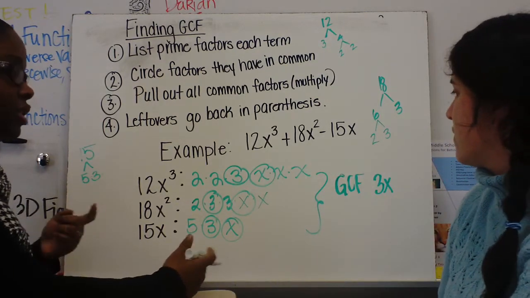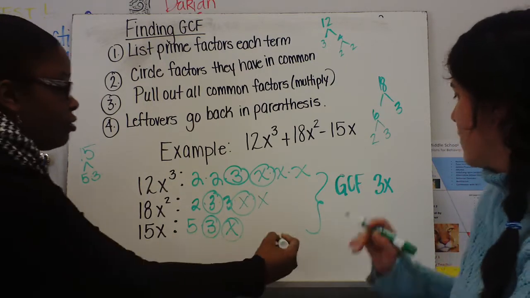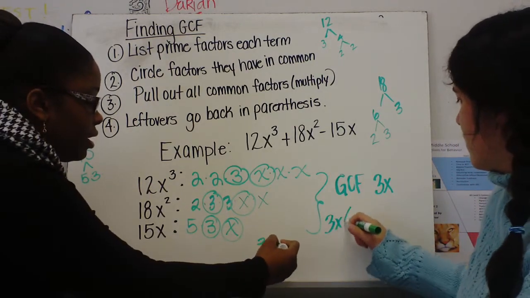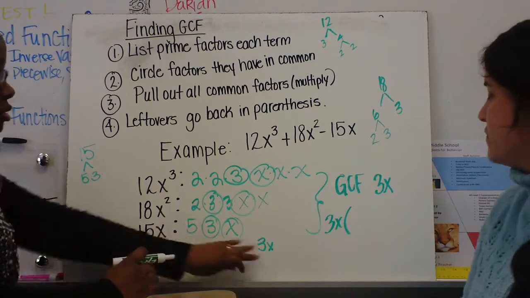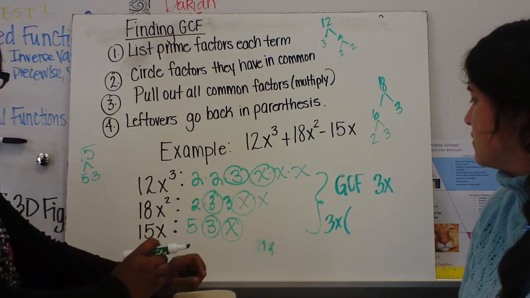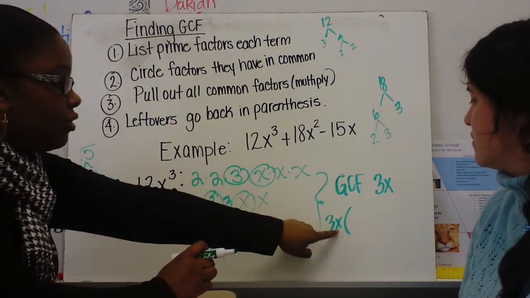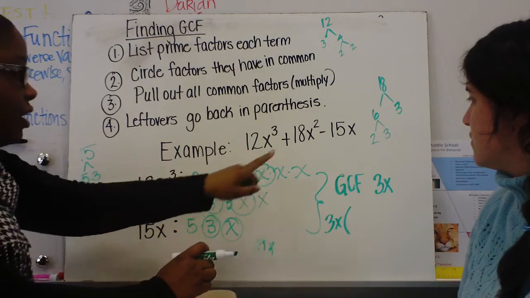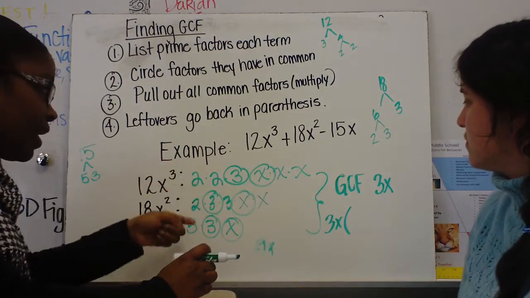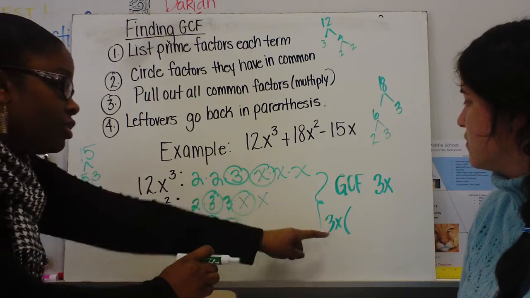So to finish the problem, to actually factor it out, you take the 3x out, and factoring really is like dividing. So you're going to now take the 3x that you pulled out and divide all your terms, or since we wrote it out, you're going to rewrite your leftovers in the parentheses.